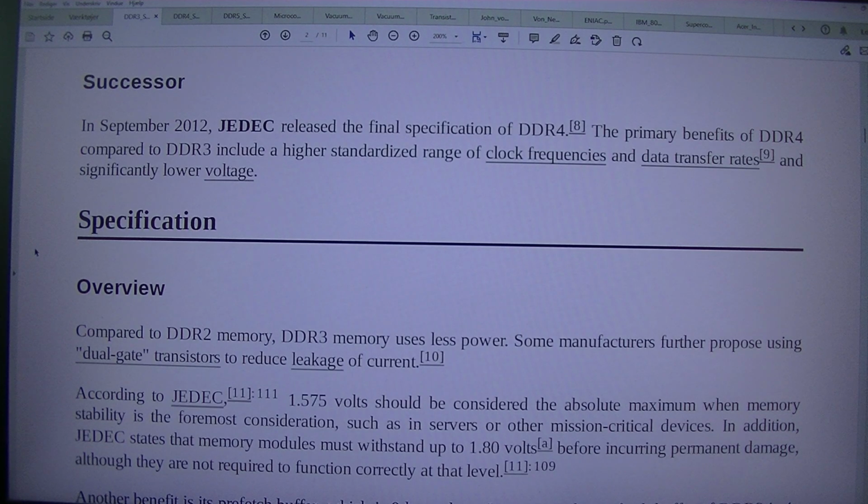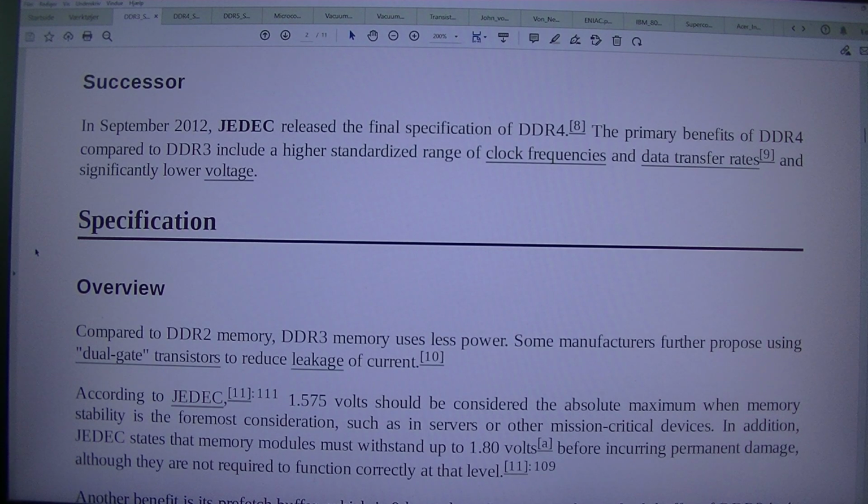Specification overview. Compared to DDR2 memory, DDR3 memory uses less power. Some manufacturers further propose using dual-gate transistors to reduce leakage of current.